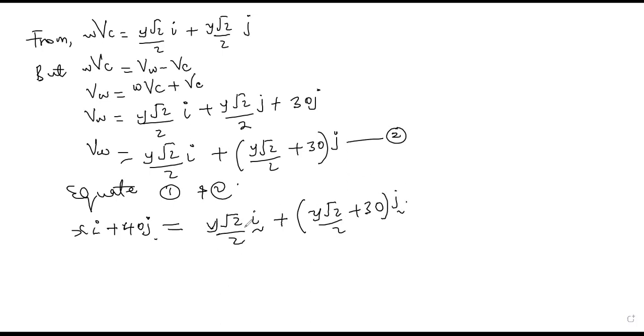So equate i components together and j components together. For i, you see that x this side is equal to, our x is going to be y √2/2. All right.